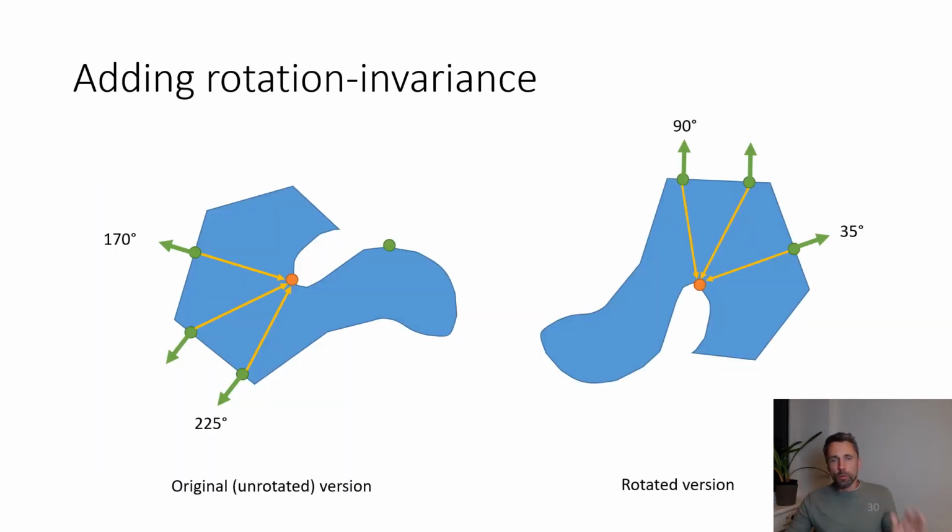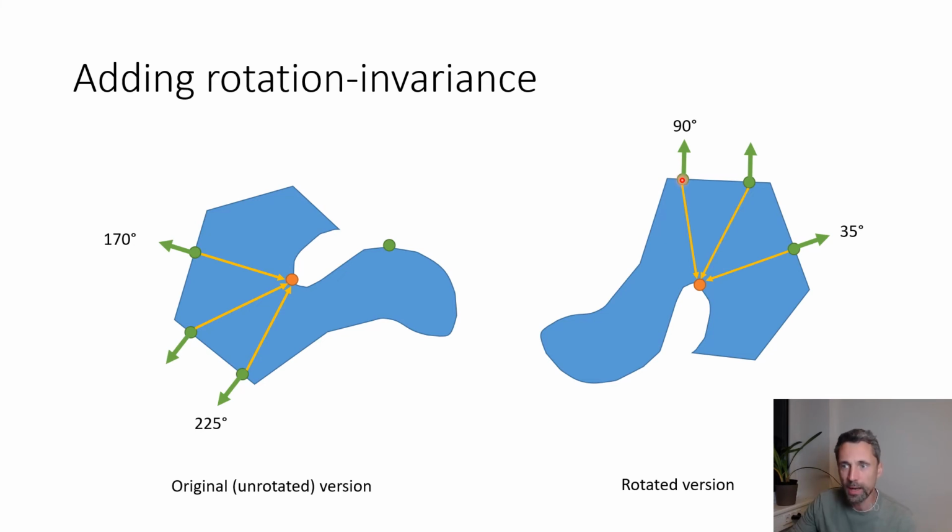But what about rotation? We want the algorithm to find rotated versions of the same template as well, not just differently scaled ones. So, for example, here, the original unrotated version has those edge pixels with their respective gradient directions, and the rotated version obviously comes with the same pixels, in different locations.